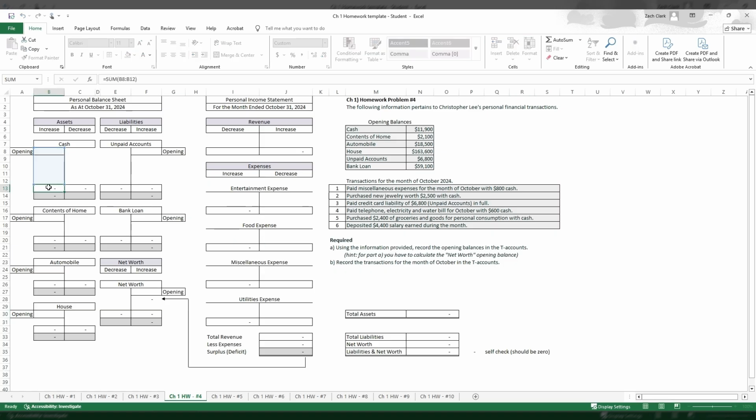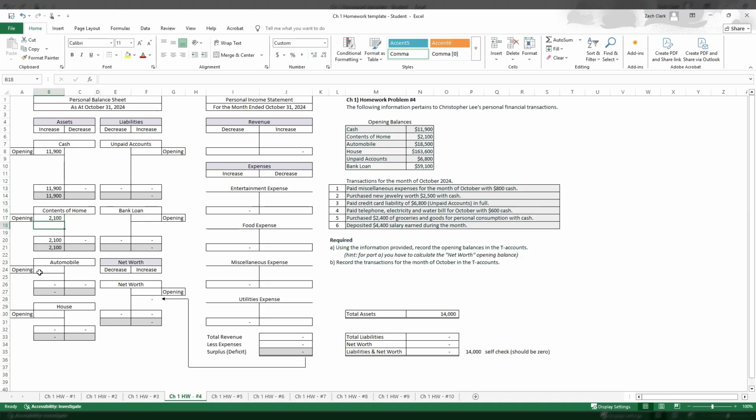I have already put formulas into the spreadsheet, so most of the formulas are here for us, and we don't have to do too much of the additions and linking. We just need to input the balances into the T accounts. One handy linking thing we can do is link the cell into the opening balance cells so that cash has an opening balance of 11,900.